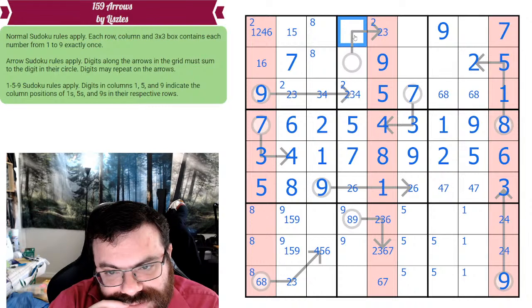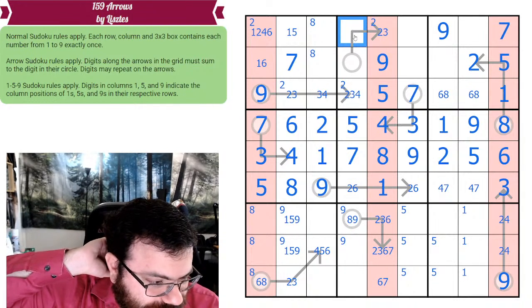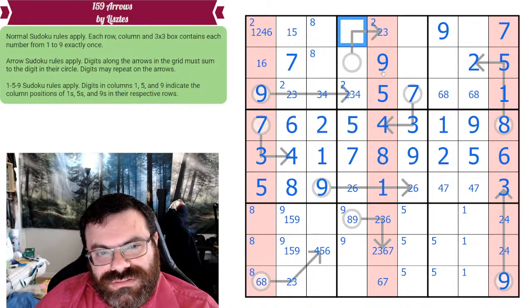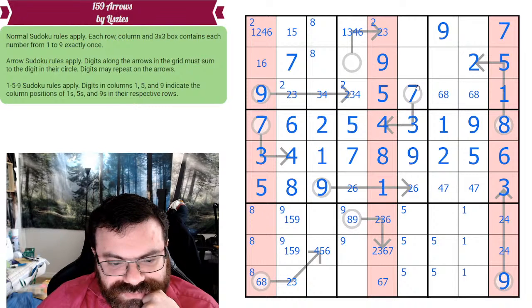Still be 1, 2, 3. We can be a 1, 3, 4, 6. I don't think we can be 7, 8, or 9. So 1, 3, 4, or 6.